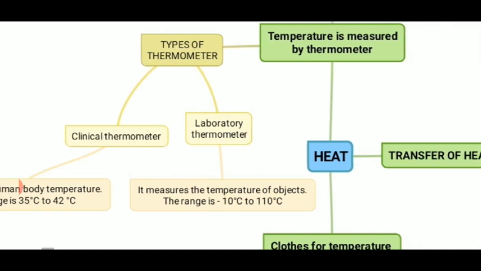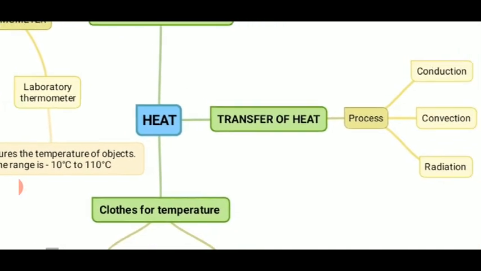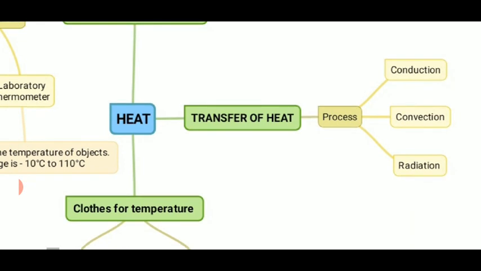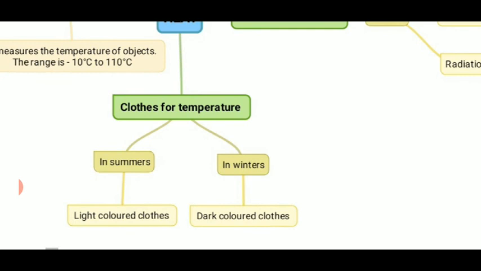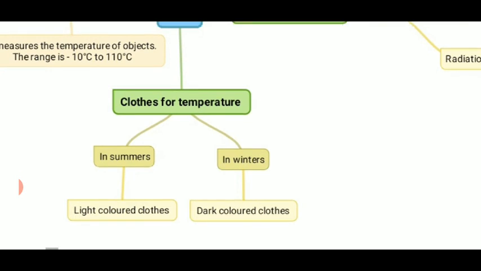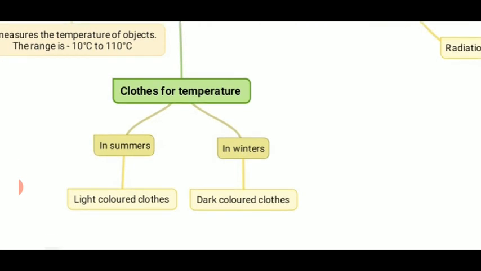The next topics, the modes of transfer of heat, conduction, convection and radiation, and also the clothes we should wear in accordance with the temperature, will be covered in the next video.